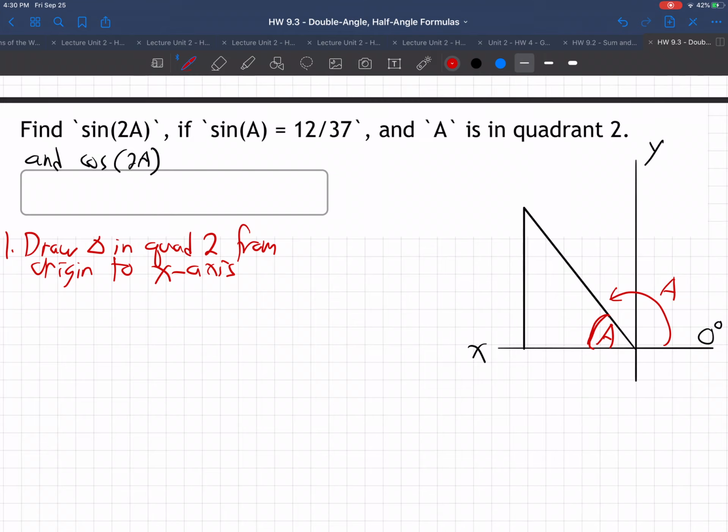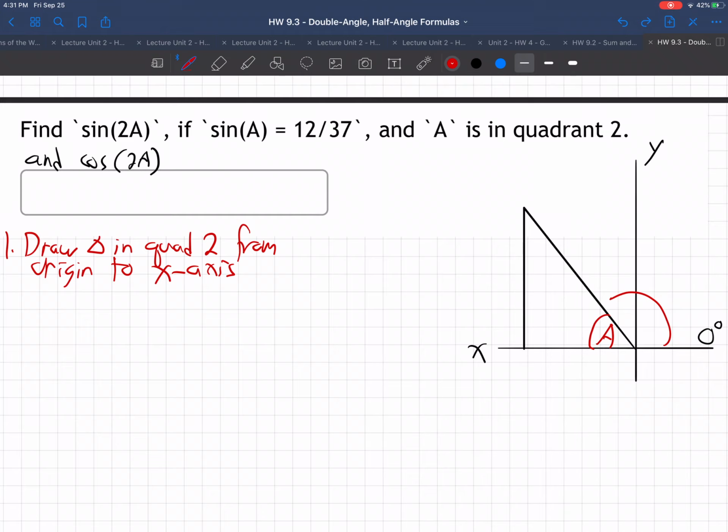But when we call this A, technically, I'll put an R here, it's the reference angle for A. It's the same effect as angle A from the nearest x-axis. And the point is, it'll have all the same trig functions. Sine, cosine, tangent will all be the same as if you did the original angle A, which is really from 0 degrees, because you went to the x-axis in the triangle. So that's why we do that.